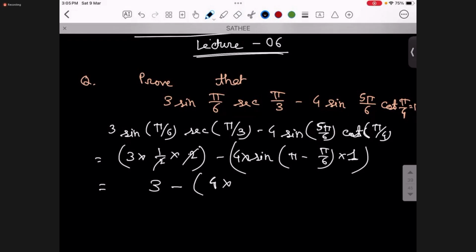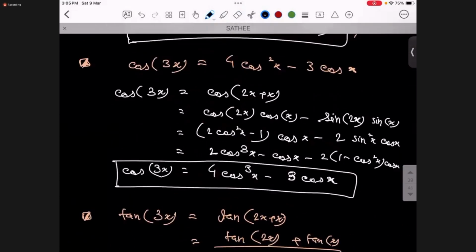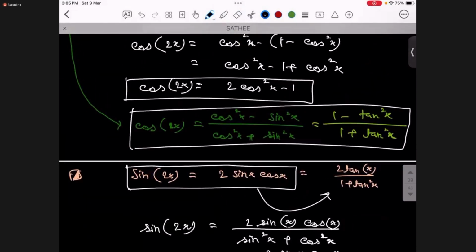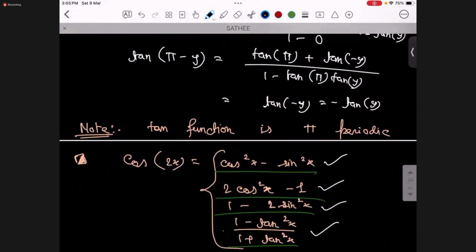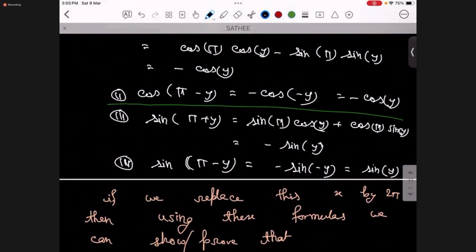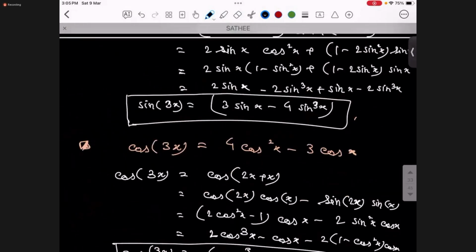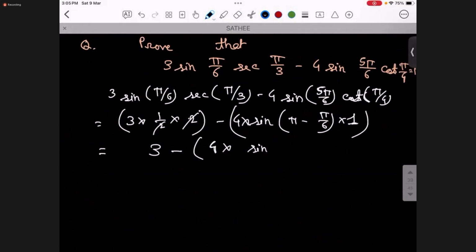Now what is the value of sin(π minus π/6)? In the last lecture we did these things, so let's check. Yes, sin(π minus y) equals sin y. Perfect. So we can write sin(π/6) multiplied with 1.